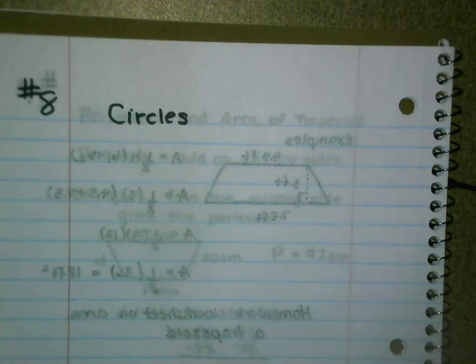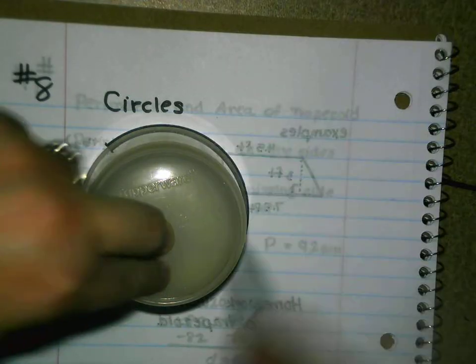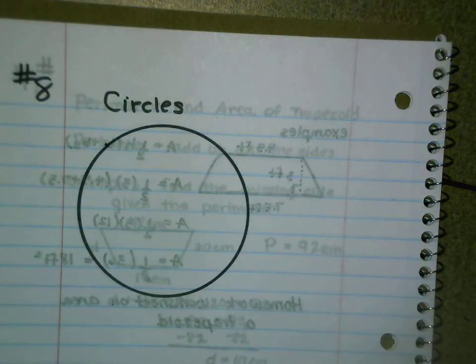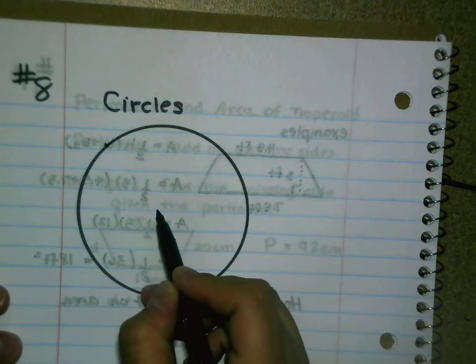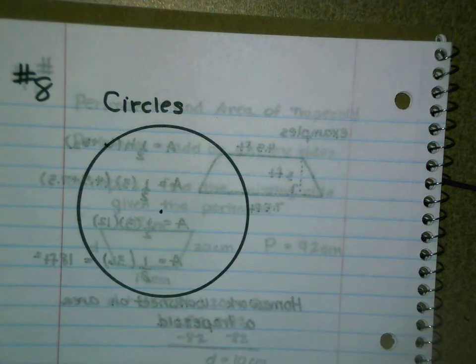Okay, so I'm going to use something to draw a perfect circle. You can use a freehand circle, or you can use a compass to create your circle, but I'm going to show you some different parts of the circle that we're going to talk about today. In this circle, approximately here, this would be the center of the circle, right in the middle.